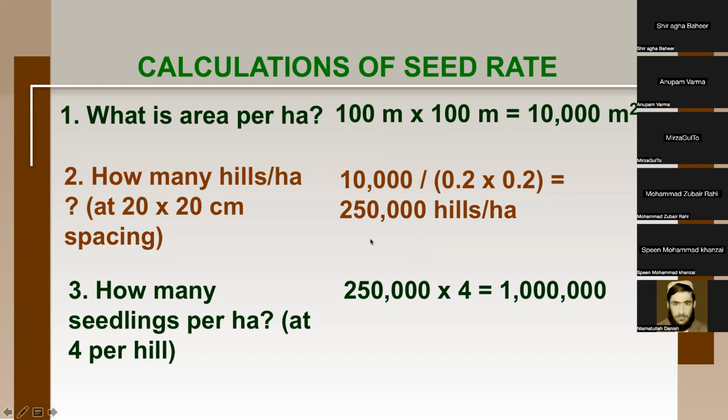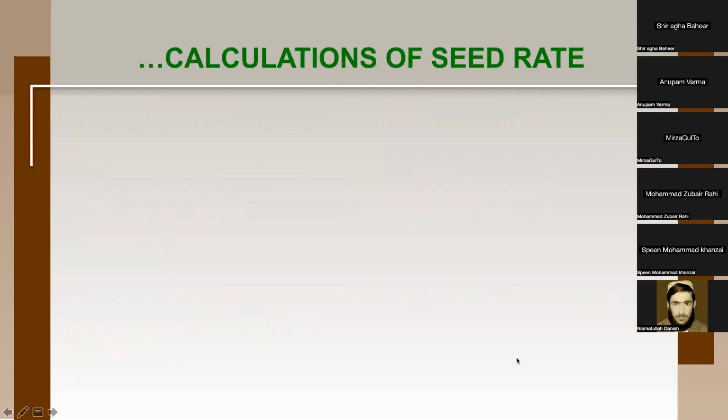So your requirement of the seedling was 250,000. You multiplied by 4 times, so it comes out to be 10 to the power 6, or you can say 1 million seedlings.